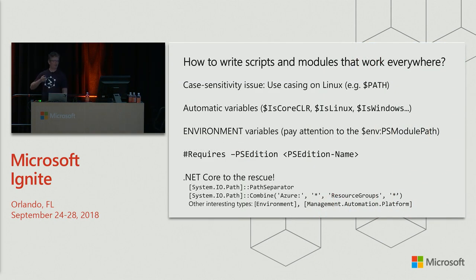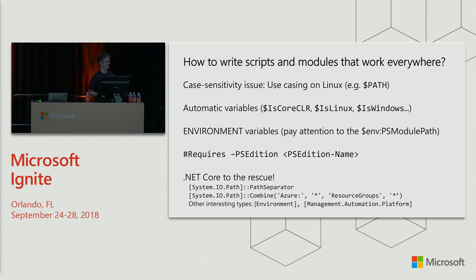How to write scripts and modules that work everywhere? That's an interesting question, right? Because now that PowerShell Core runs on Windows, Linux, and Mac, we need to look at some of the specifics for those new operating systems. One of the first things we need to pay attention to is case sensitivity. PowerShell is mostly case insensitive. I say mostly because there are certain cases when you will have a problem if you don't pay attention.